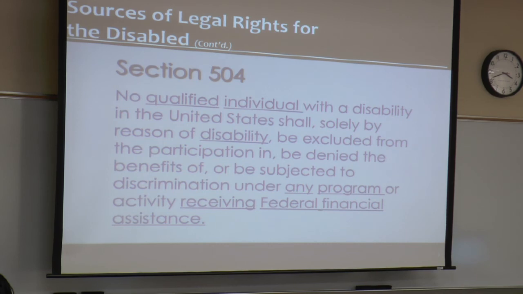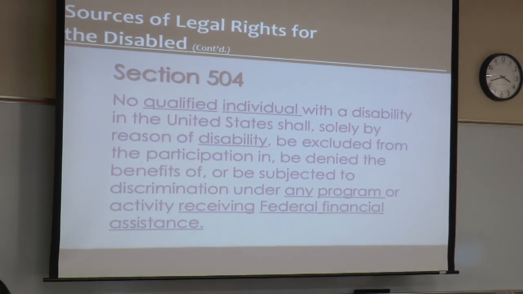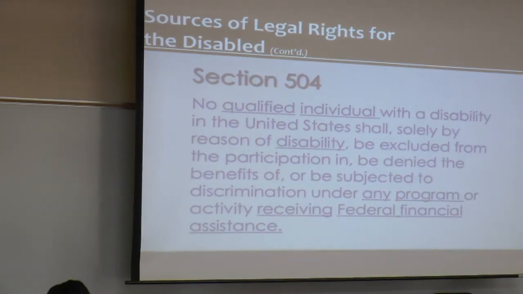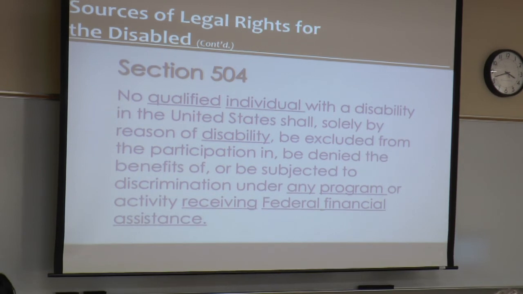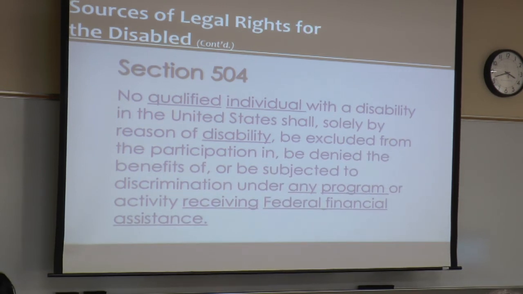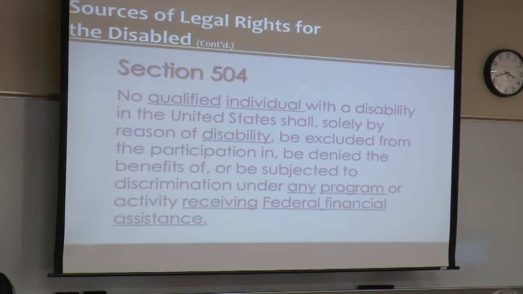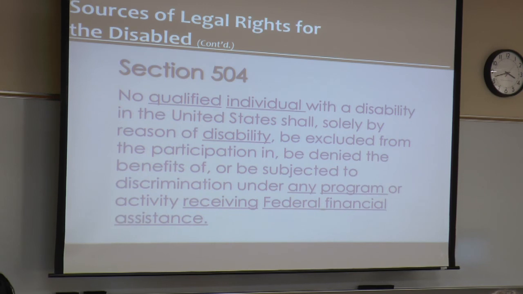So, taking each of those statutes one by one, 504 says that no qualified individual with a disability in the U.S. shall, solely for the reason of their disability, be excluded from participation in, be denied the benefit of, or be subjected to discrimination under any program or activity receiving federal financial assistance.